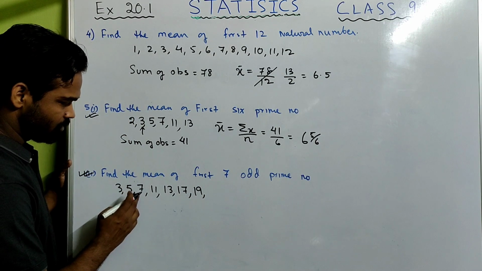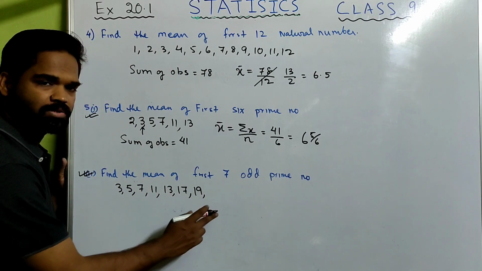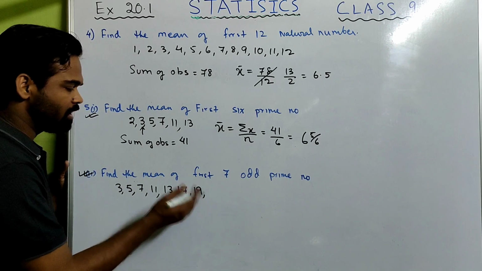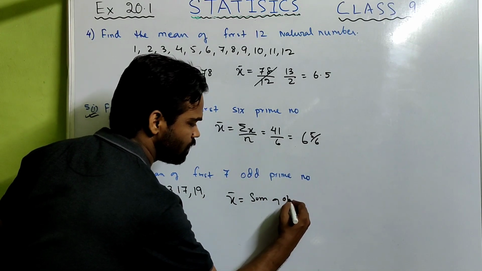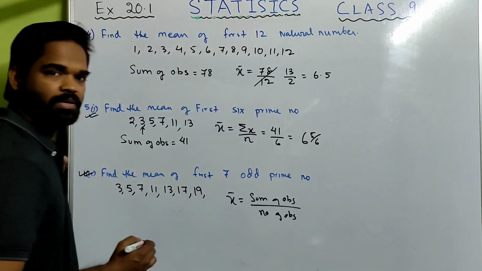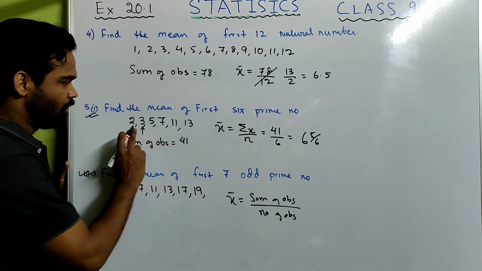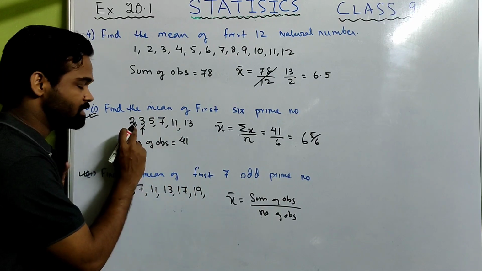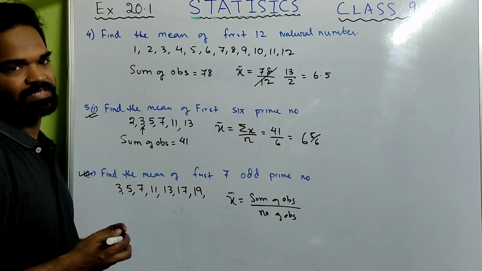Isn't it? How many? 3, 6 plus 1, 7. You got the 7 odd prime numbers. Just find the mean, sum of observation by number of observation. You can do this on your own. Remember, all the prime numbers are odd except 2. Okay? Let's look at the next sum.